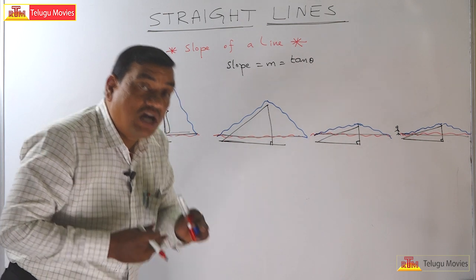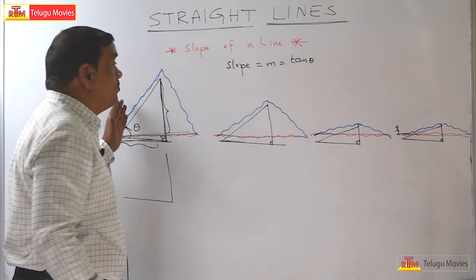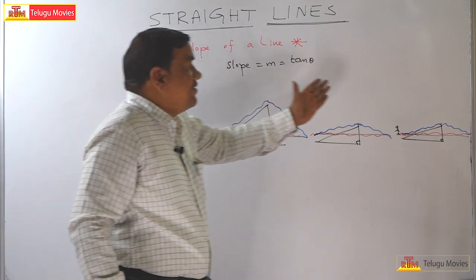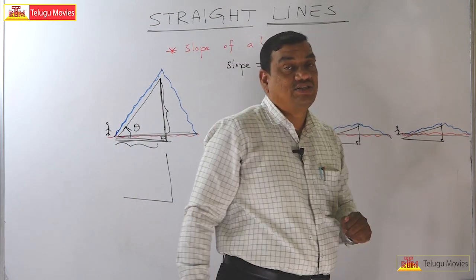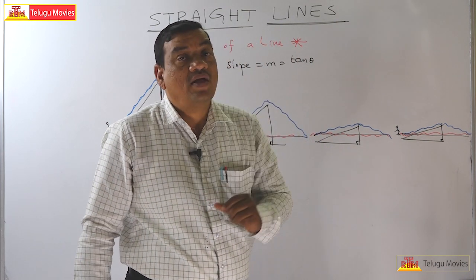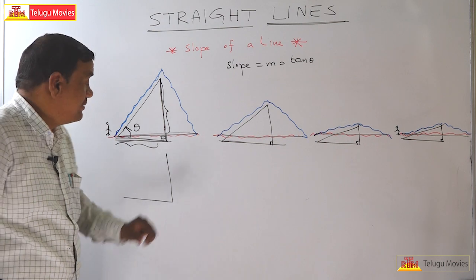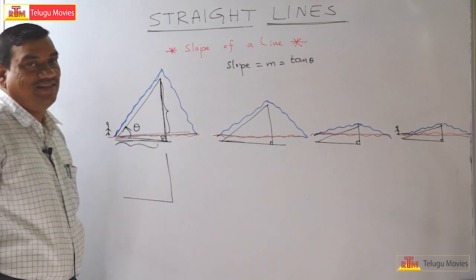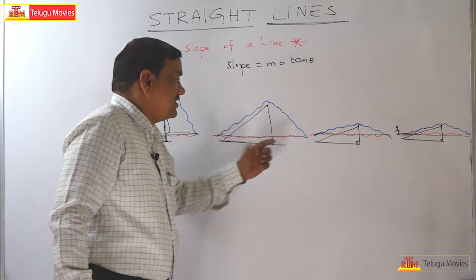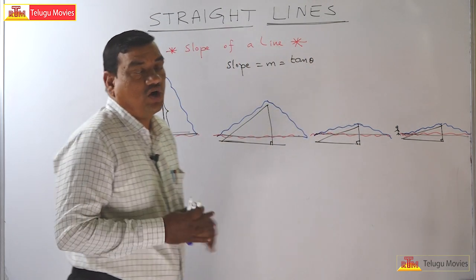Therefore, slope is also decreasing. So we use the word slope. This one has more slope, this one has very less slope. Mathematically, the slope concept gives the ratio of opposite side to adjacent side, or otherwise adjacent to opposite, nothing wrong in it.